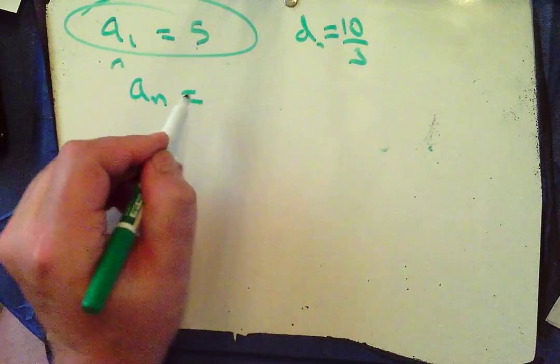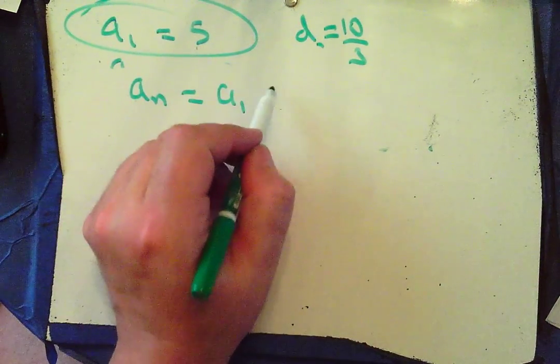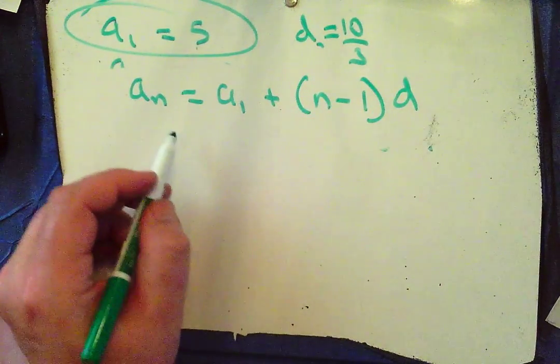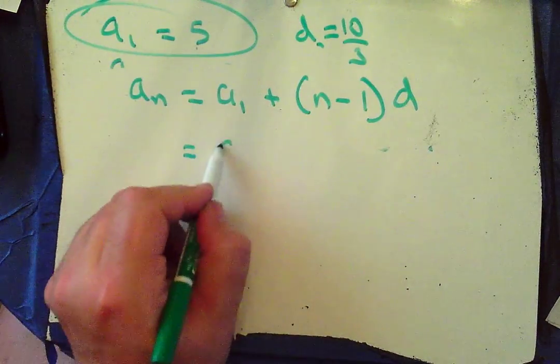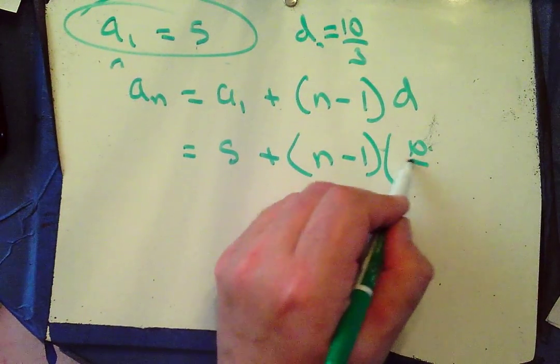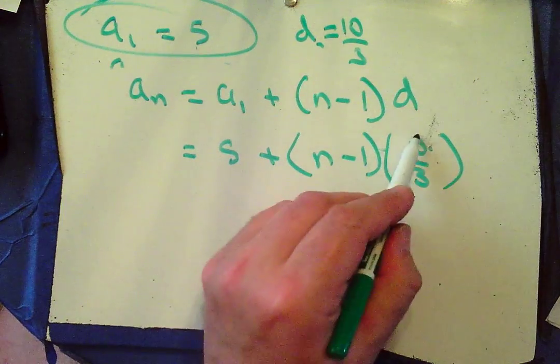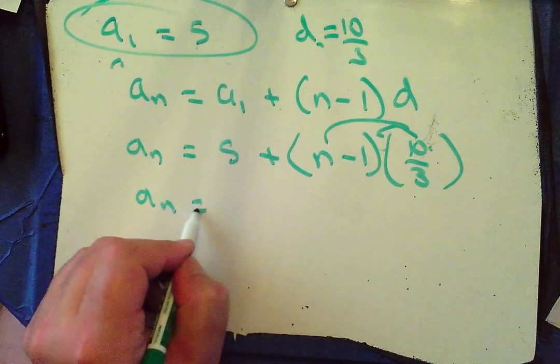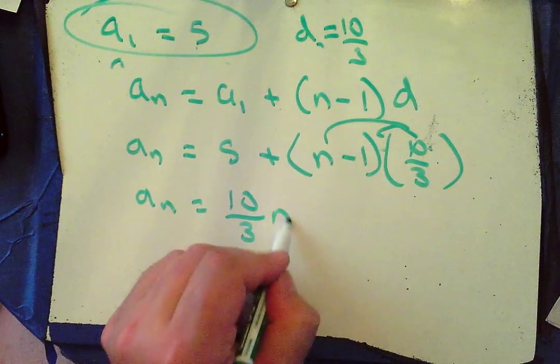Okay, so let's write that rule. A sub n equals a sub 1 plus n minus 1 times d. I'll plug in what I know. 5 plus n minus 1 times 10 thirds. I'll distribute that 10 thirds and get a sub n equals 10 thirds n.